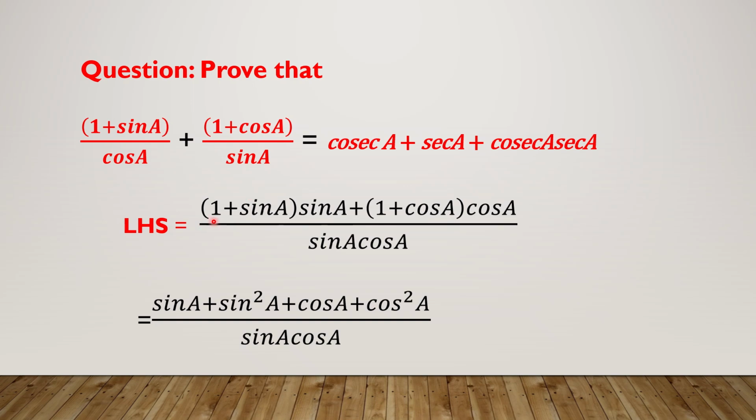Once you open the brackets, you have sin A into 1 is sin A plus sin A into sin A becomes sin square A. Here you have a plus sign, put a plus sign in between. Cos A into 1 is cos A plus cos A into cos A will be cos square A. The entire thing divided by sin A cos A.